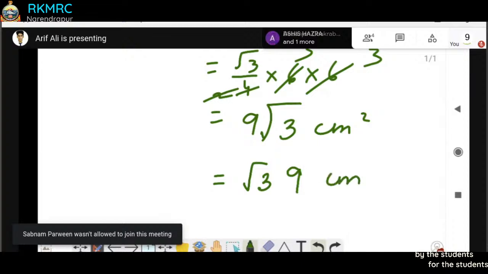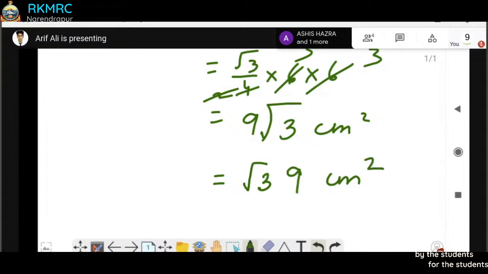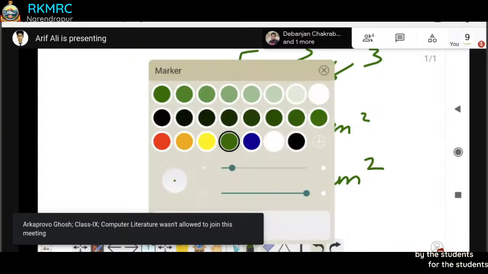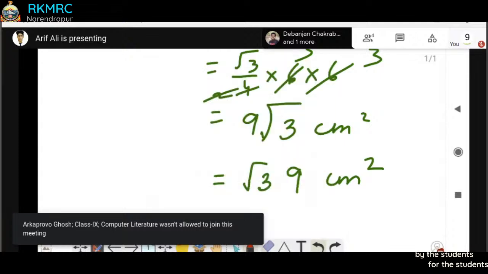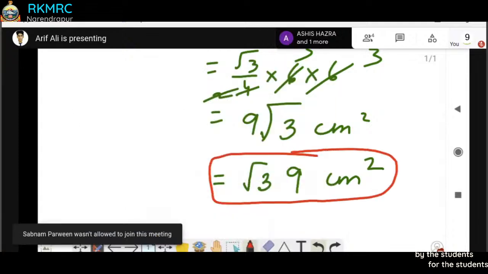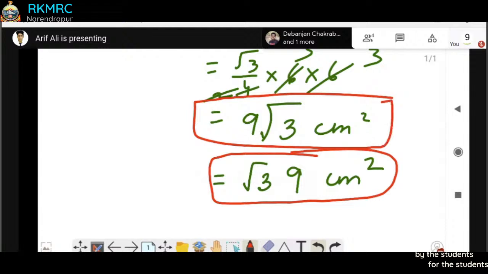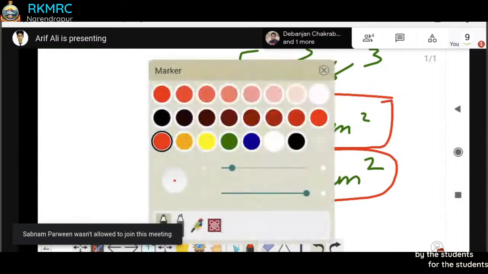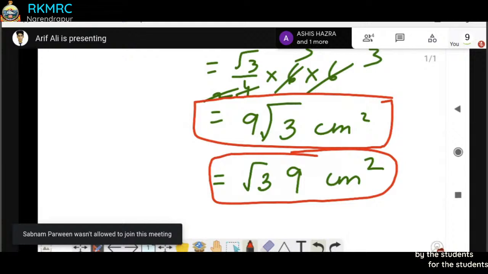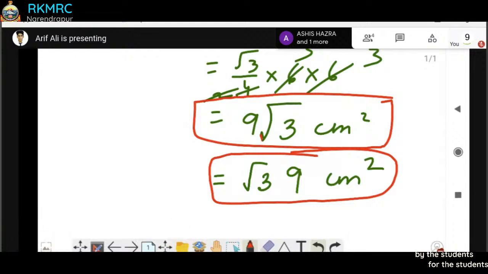Though these two are the same, this is not looking good. You can also see it. Don't write this like this. Always write like this. It looks more appropriate: 9 root under 3.